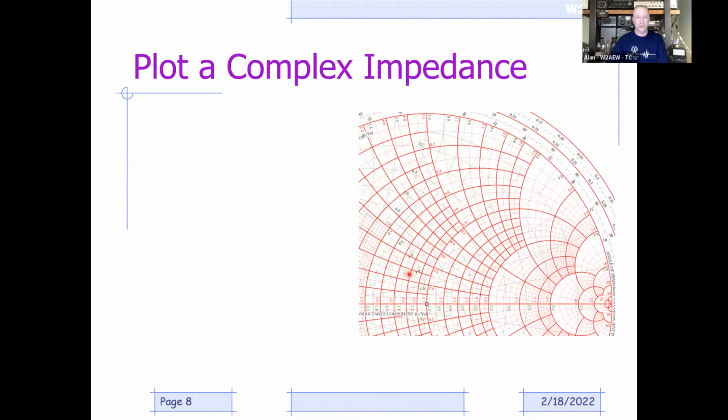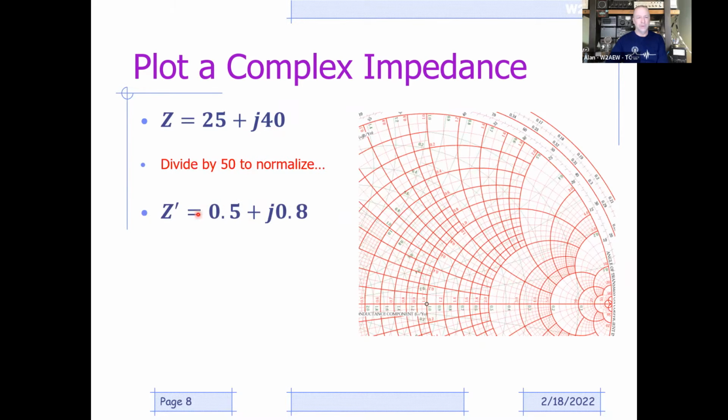So how do we actually use that? How would we plot a particular complex impedance? Let's say our antenna analyzer gave us a complex impedance of 25 ohms plus an inductive 40 ohm reactance. The first thing to do is we divide by 50 to normalize it. That gives us our normalized impedance of 0.5 plus J0.8.